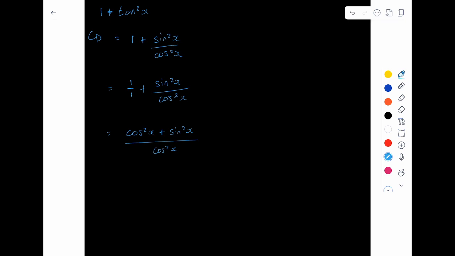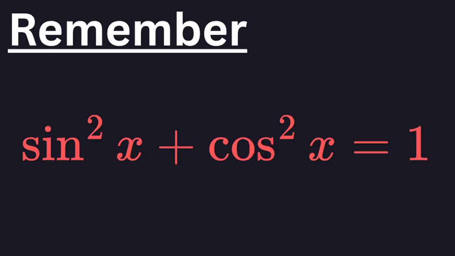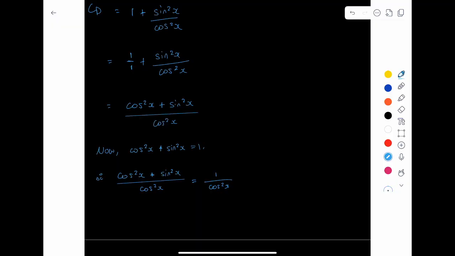How can we simplify this now? We have a sum at the top and cos squared x at the bottom. Well, that's a fine question with a fine answer, because our solution here is to simply recognize that cos squared x plus sine squared x simply becomes 1, which means our answer is 1 over cos squared x.